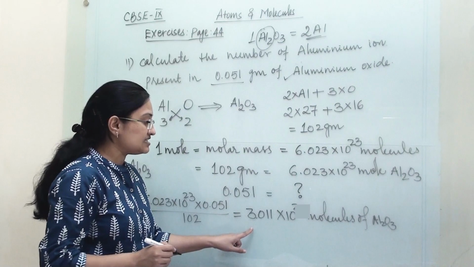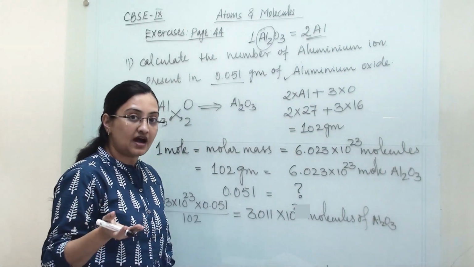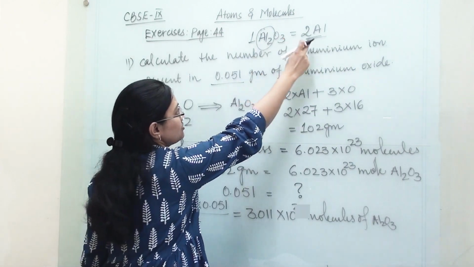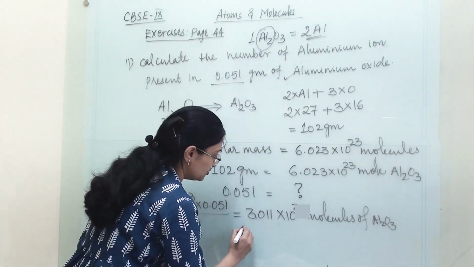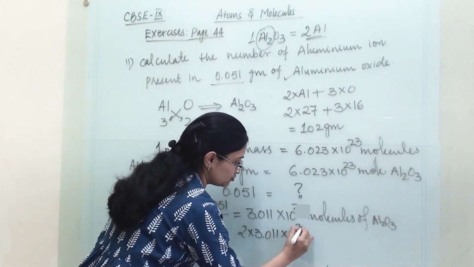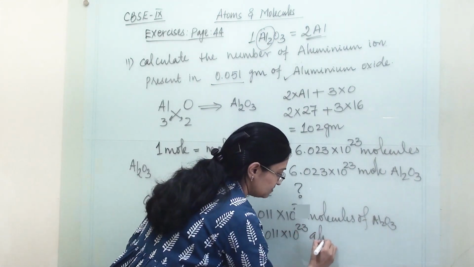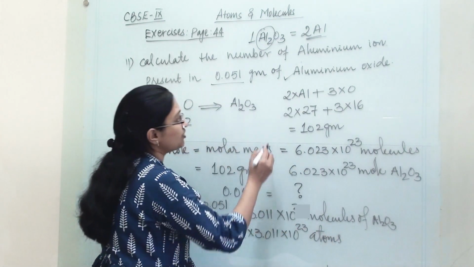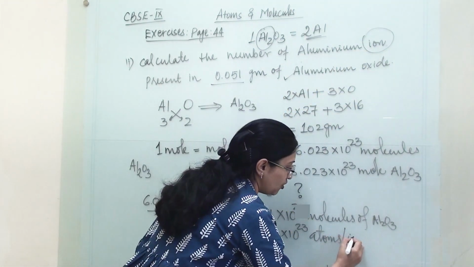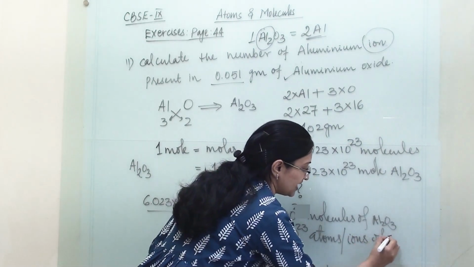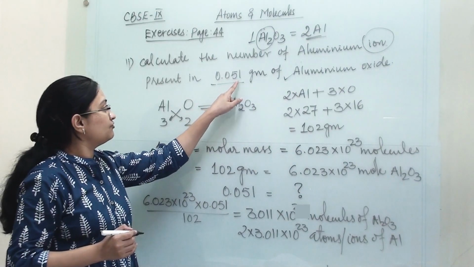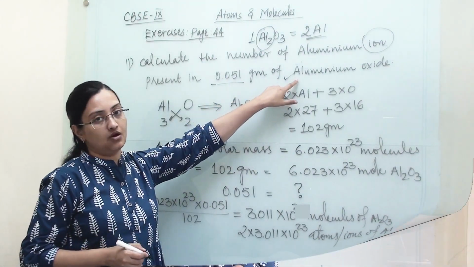Now in this how many aluminium ions are there? In one Al2O3 molecule there are 2. Then in this many, 2 into 3.011 × 10^20, atoms or ions of aluminium are present in 0.051 gram of aluminium oxide.